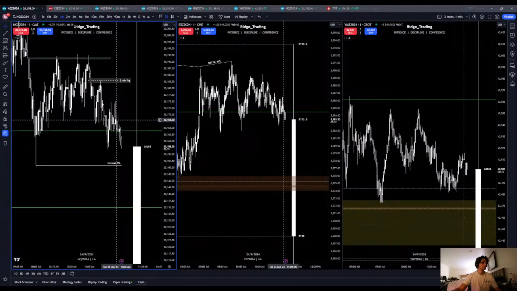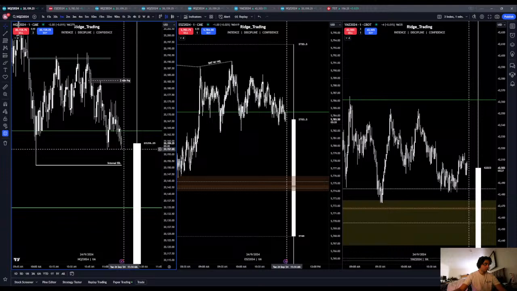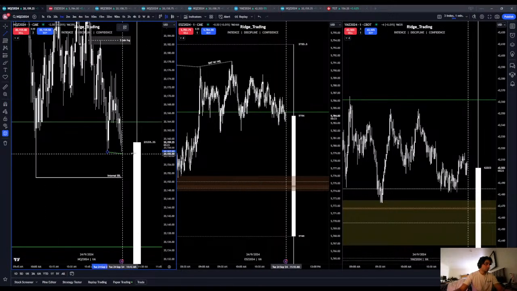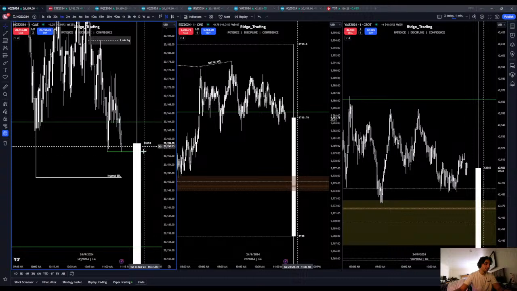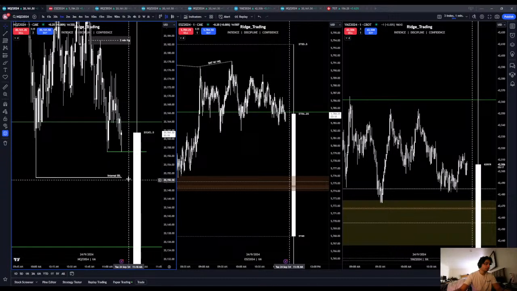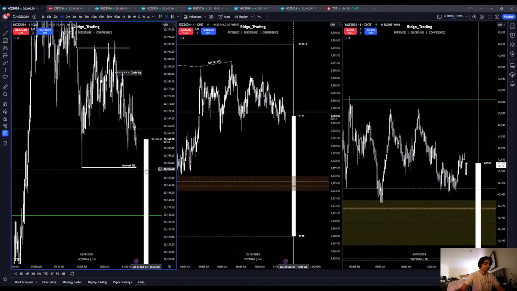So from up here, took a stab. What I don't want to see now would be like a purge of this and then bounce. Like if we get underneath this low, I want to see it just free fall down to at least this internal sell side. So we'll see.